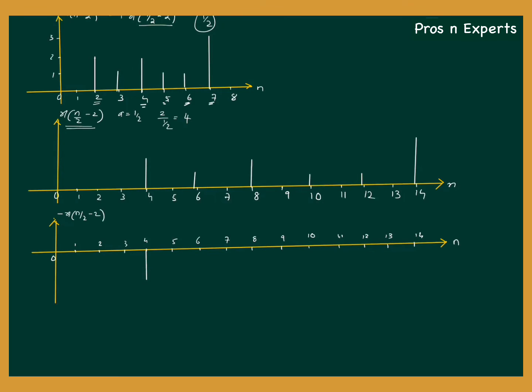So this is minus 2. This is minus 1. Again minus 2, minus 1, minus 1, and minus 3. I have forgotten to write down the sample values here. So this signal is an inverse of this signal. Okay, so this should be our final answer.